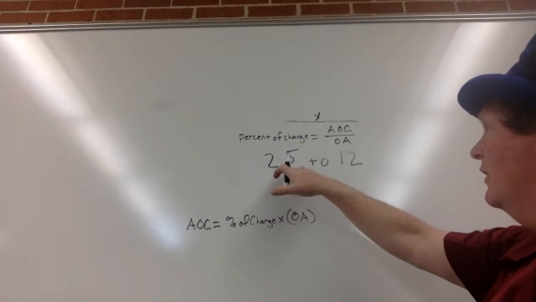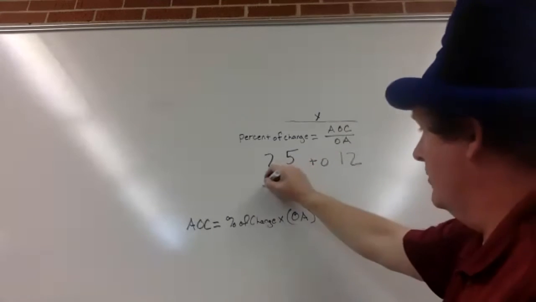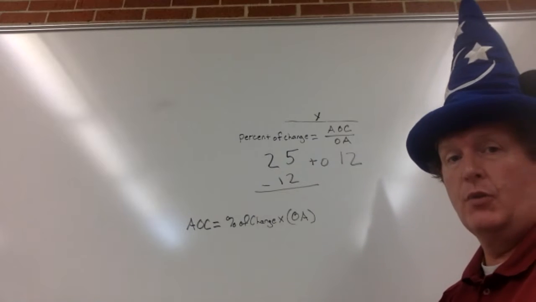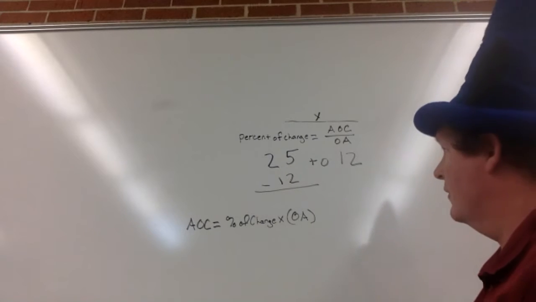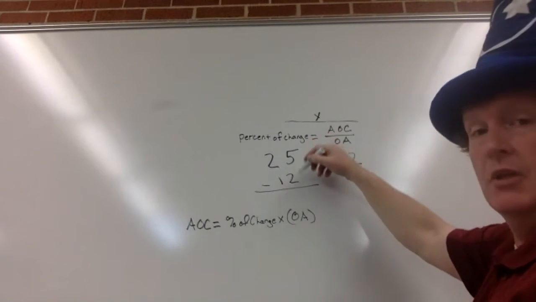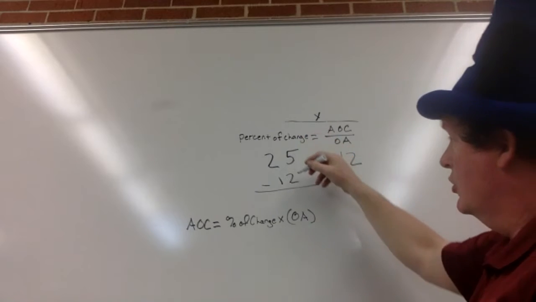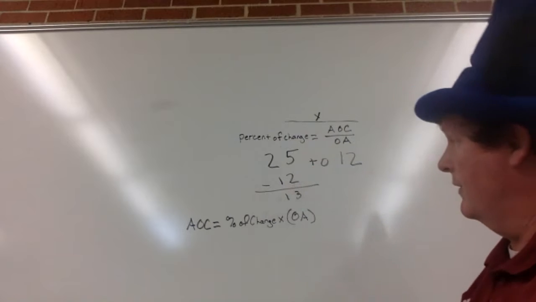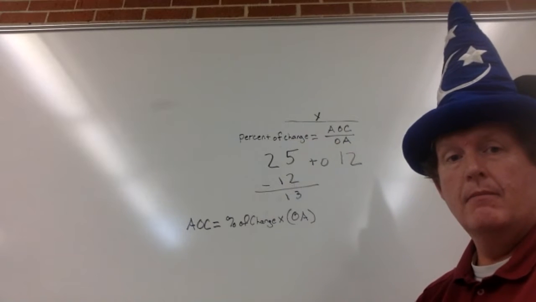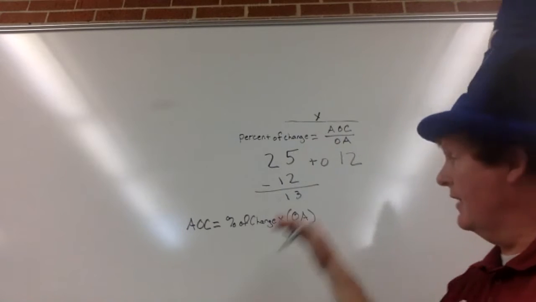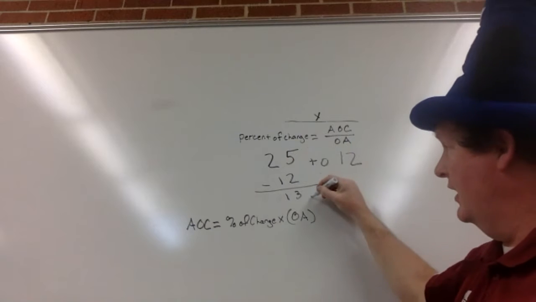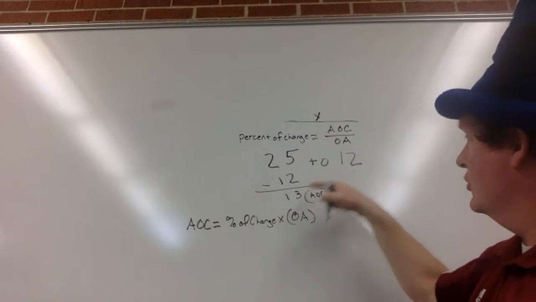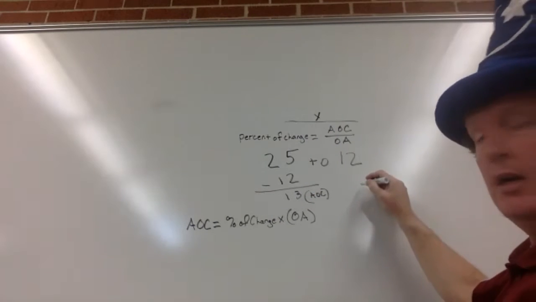We take the larger number and subtract the smaller number, regardless of which one is larger, the first one or the second one. We always subtract the smaller from the larger. Okay, when you look at this, 25 minus 12: 5 minus 2 is 3, 2 minus 1 is 1. So our answer there, 13, is the AOC, the amount of change. Okay, so that becomes our top number on our fraction.